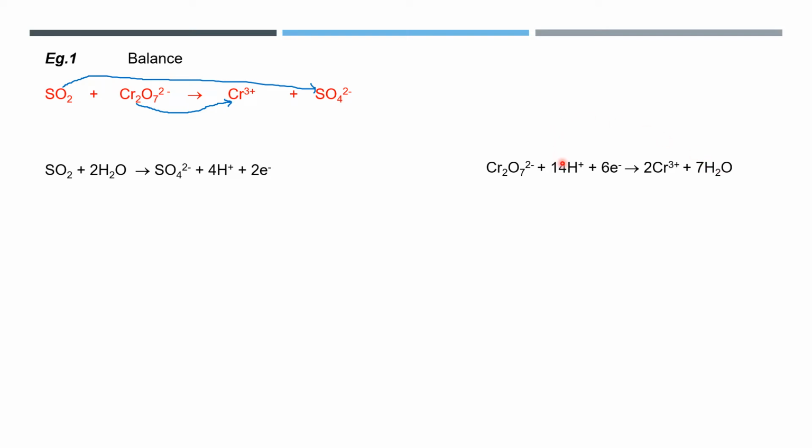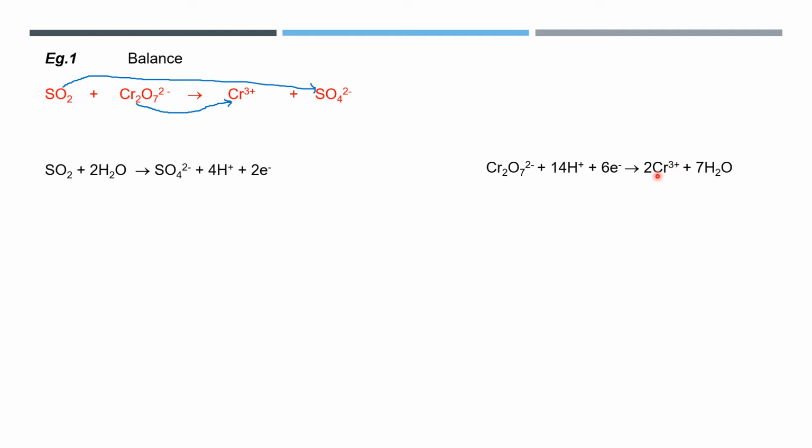Now look at the charges. The charge here is -2, 1 in front times -2, so that's -2 charge, plus 14 times +1, that's +14. So -2 plus 14 gives you +12 charge. On this side, we have 2 times +3, which is +6, and the other is 0.